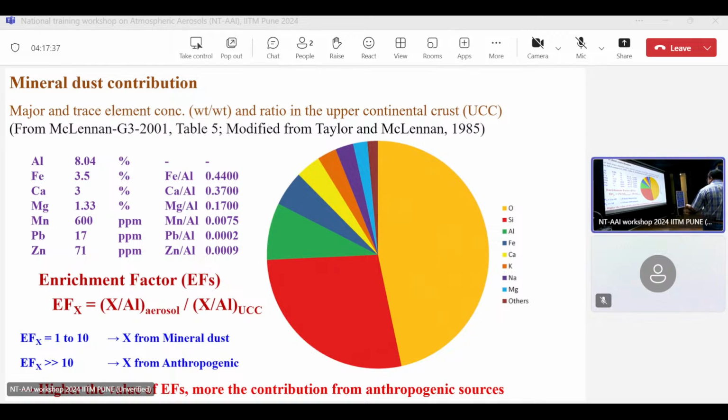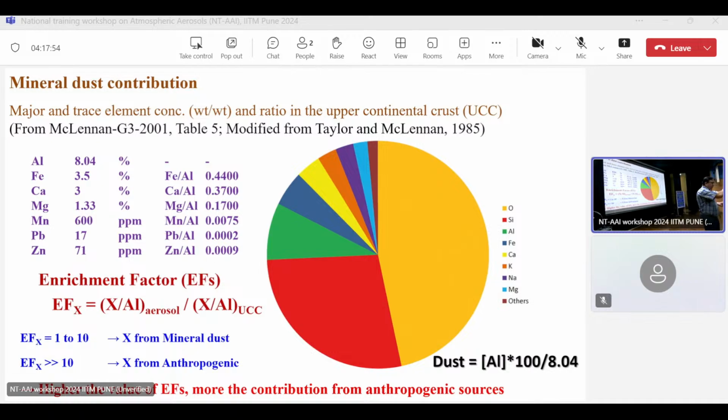Whatever I said, the higher the value of the enrichment factor means more contribution from non-dust sources. Very simple. If you assume aluminum is from dust, there is a simple way to calculate dust contribution.